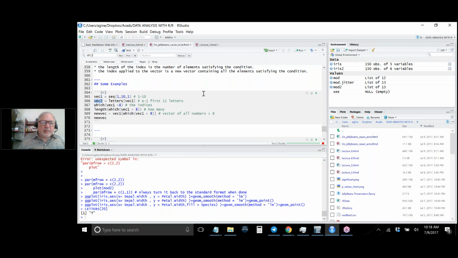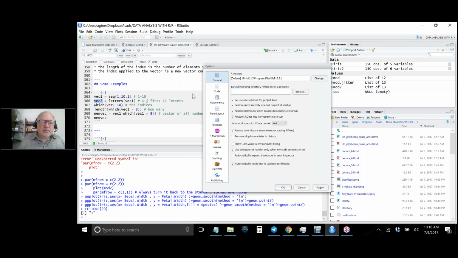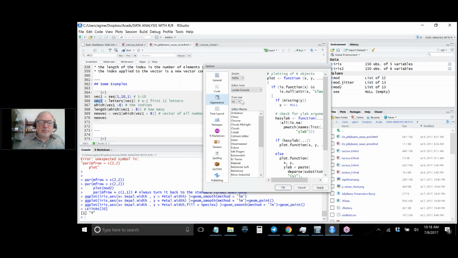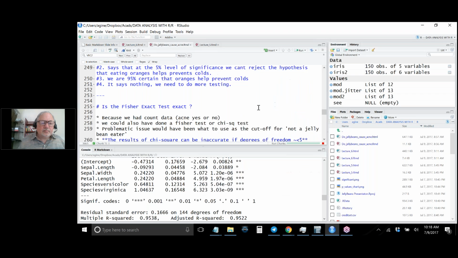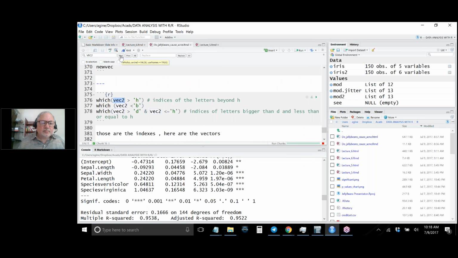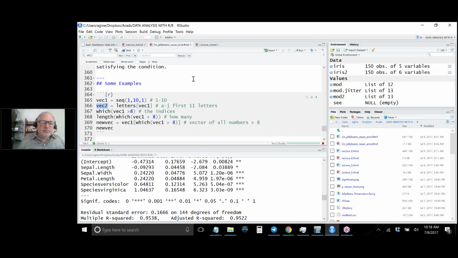Okay, so let me make this a bit larger so you can read it. vec1 is all the numbers from 1 to 10, and vec2 is the first 10 letters, which is A through J. I wrote 11, but that's not right, it's 10.